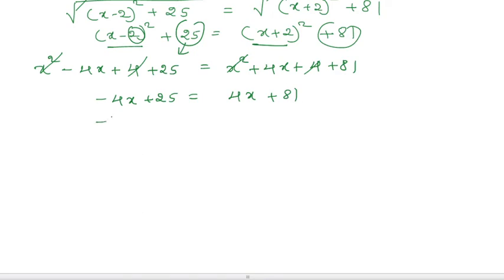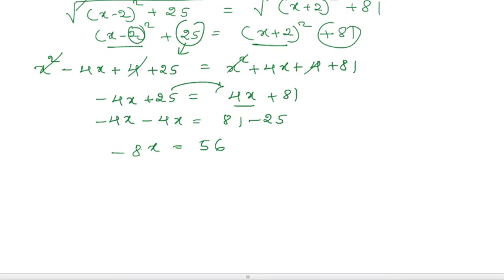Now bring the x terms to one side: the plus 4x comes here, it becomes minus 4x, so minus 8x is equal to 81. This 25 comes here, it becomes minus 25, so minus 8x is equal to 81 minus 25, you will get 56.